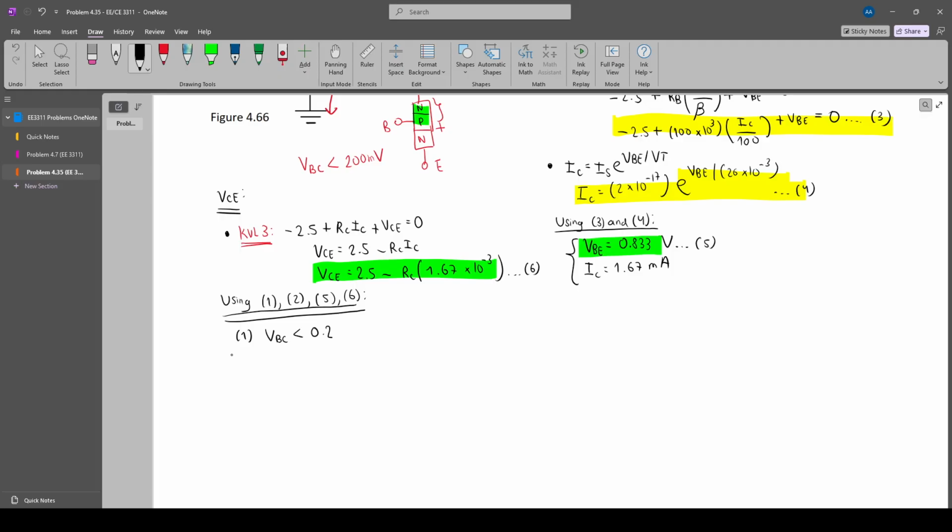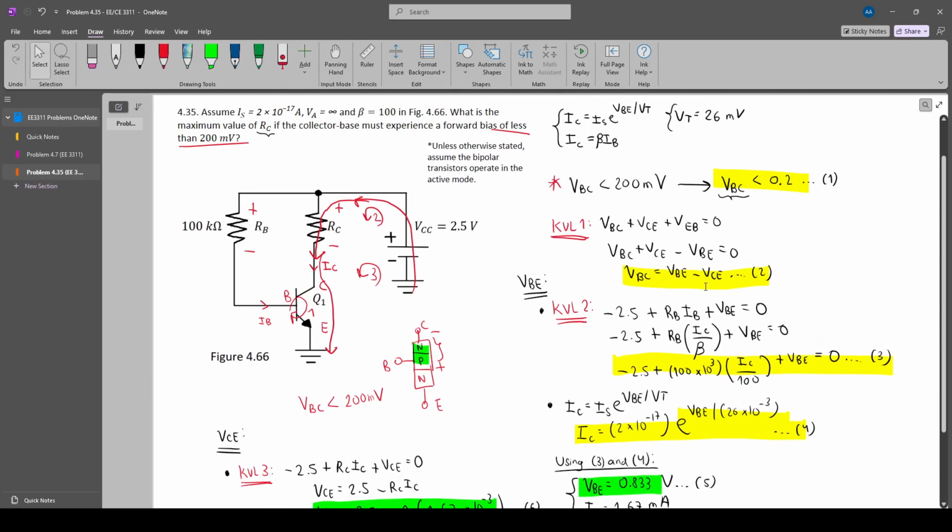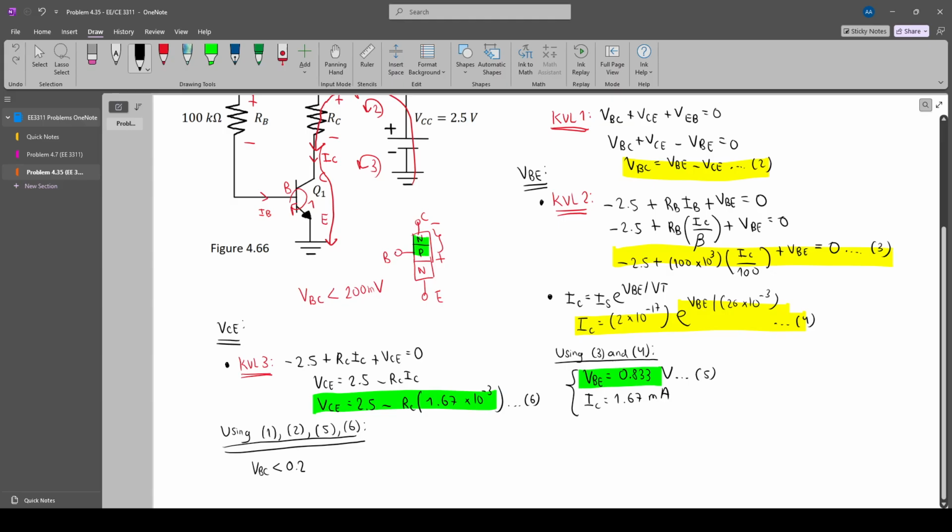So then let's work with expression 2. So let's first use expression 1, which is VBC has to be less than 0.2. And then according to expression 2, VBC is equal to this, right? So we can just plug these two values inside VBC.